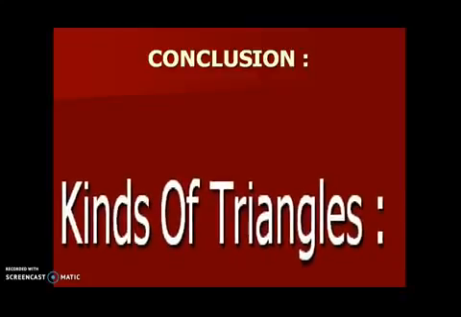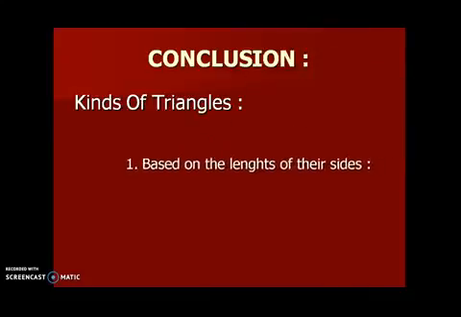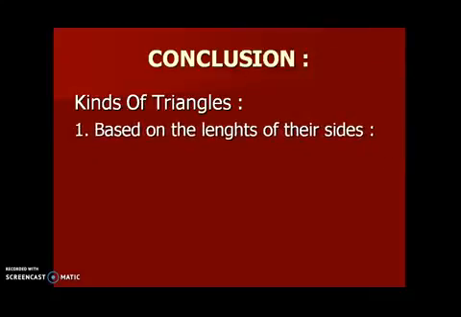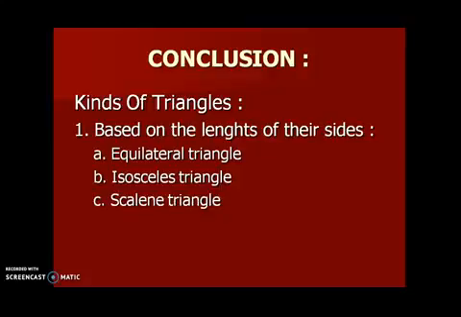Okay, so the conclusion today is the kinds of triangle. The first, based on the length of their sides, has three kinds: the first, equilateral triangle; the second, isosceles triangle; and third, scalene triangle.